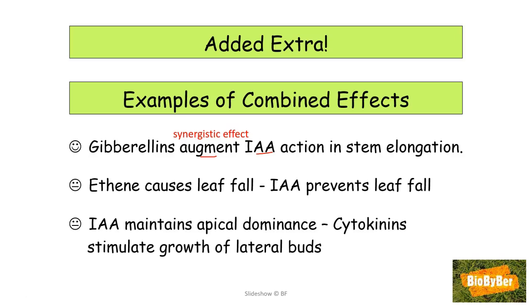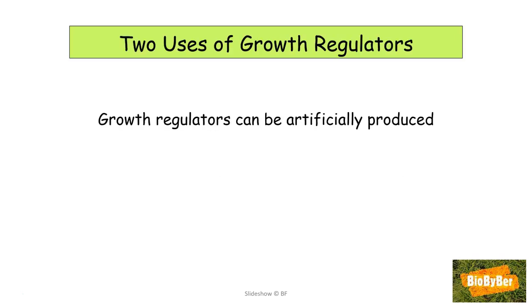Ethene causes leaf fall, whereas IAA prevents leaf fall, an antagonistic effect. IAA maintains apical dominance and prevents the sprouting of side buds, whereas cytokinins actually stimulate the growth of the side buds or lateral buds. This again is an antagonistic effect.